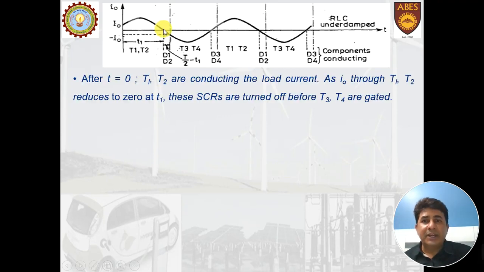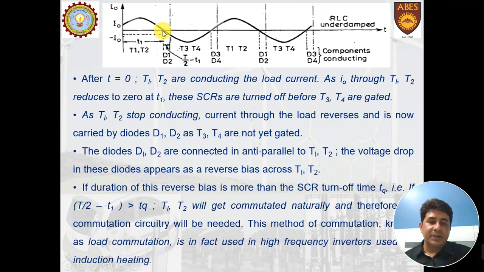They automatically get commutated, because the current here automatically becomes zero, and when the current becomes zero in T1 and T2, they get commutated. Hence, we say this is the load at which load commutation happens. It is not forced commutation that is happening, it is load commutation.